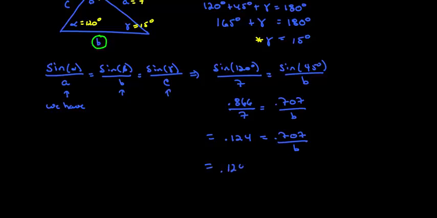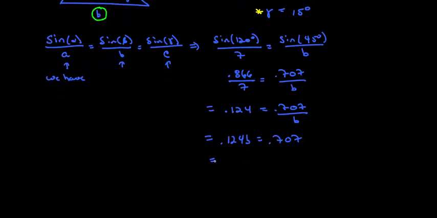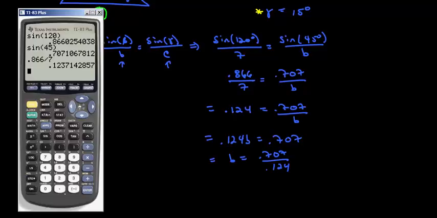So 0.124b is equal to 0.707. I multiply both sides by b here, and if I continue working, the side length b is equal to 0.707 over 0.124. So we'll take 0.707 and divide it by 0.124.